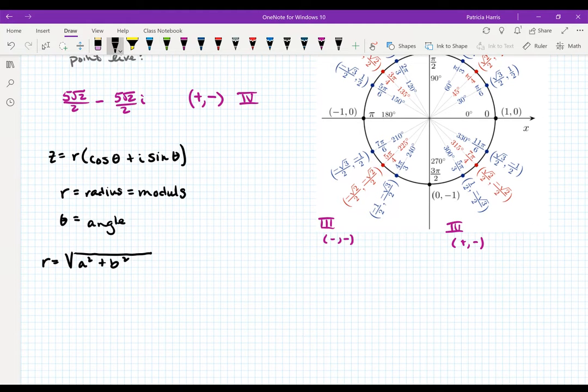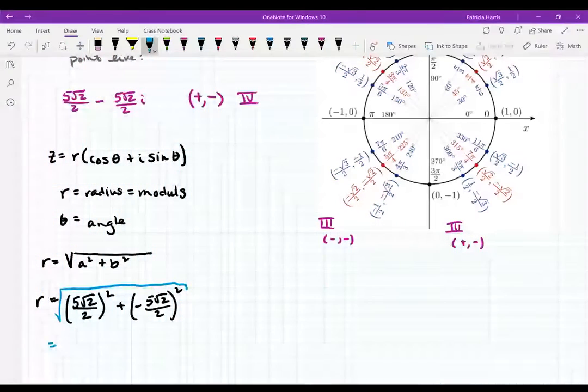Here we go, just plugging in the numbers. Remember, you've got a big old square root, so take these in pieces.